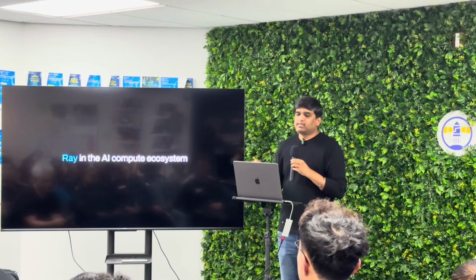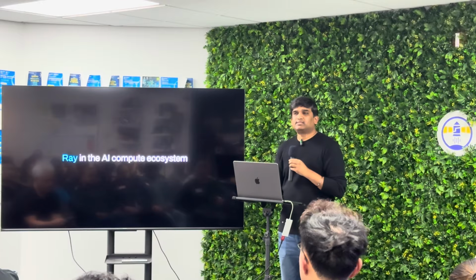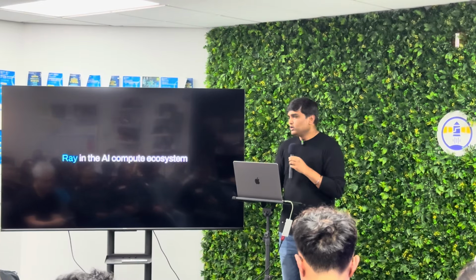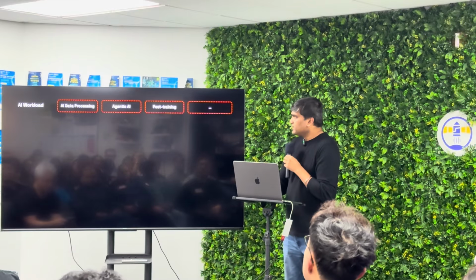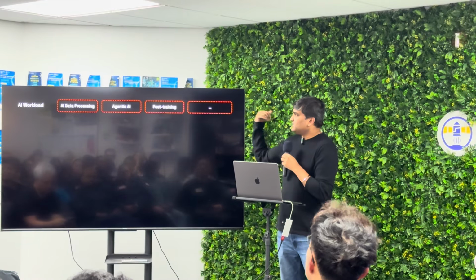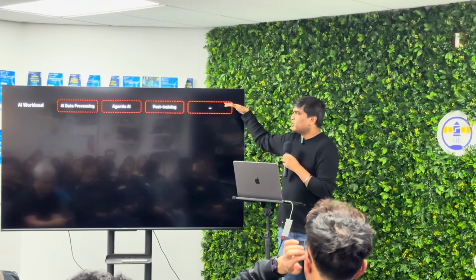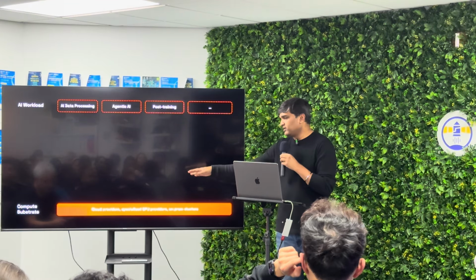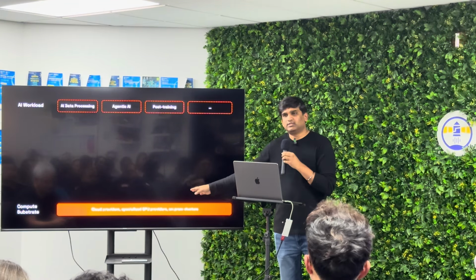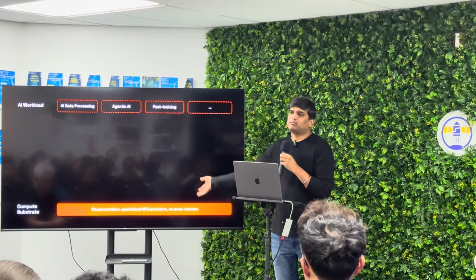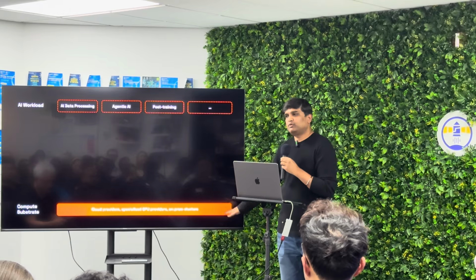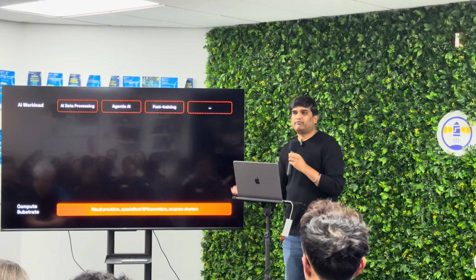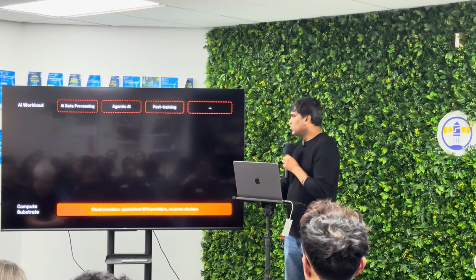So now the last part is how we look at this in today's time in terms of the AI stack. In today's workload, we have agentic AI, post-training, data processing, and all of that. And at the bottom, we have the hardware. You can think of AWS, GCP, or any cloud provider, or even go below that to GPUs from NVIDIA, AMD, and all.